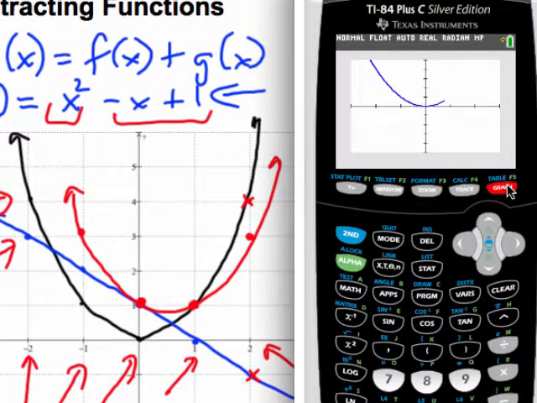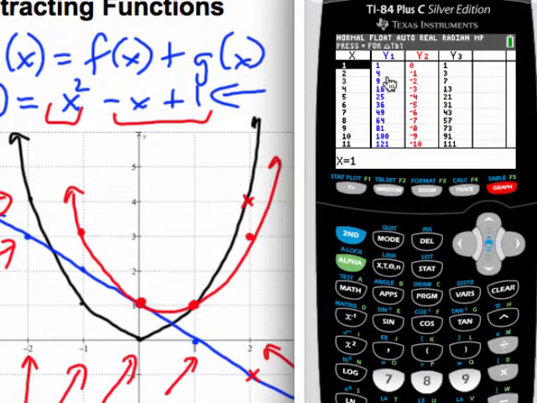And so the y values of this graph plus the y values of this graph should give me the y values of the new graph. And it's kind of nice that on the table you can see the three functions and you can see how the y value of the third comes from the y values of the first two. So you can create new functions by adding existing functions.